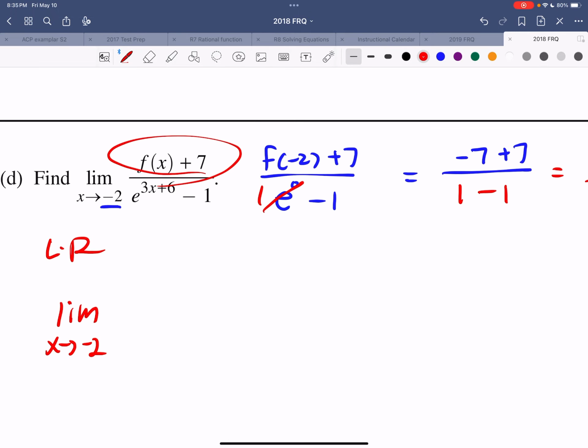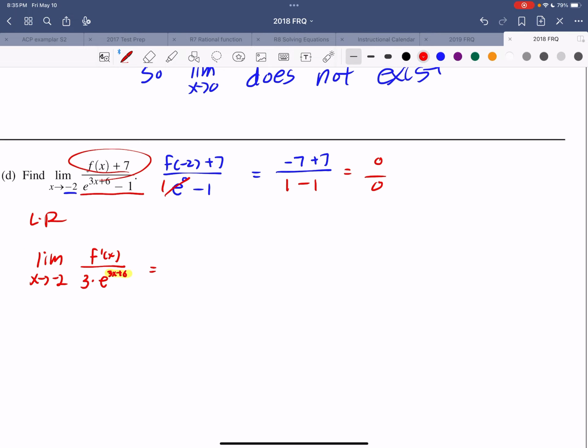So f of x plus 7 will only become f prime of x over, when you differentiate it, it's going to be e to the 3x plus 6, minus 1 will disappear, times the derivative of 3x plus 6, which is going to be 3. That's what you're going to get.